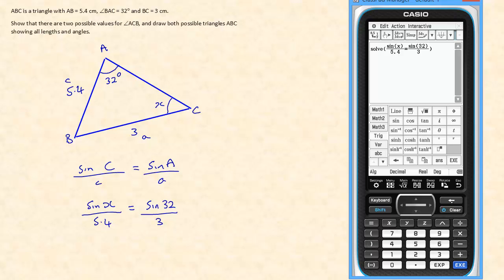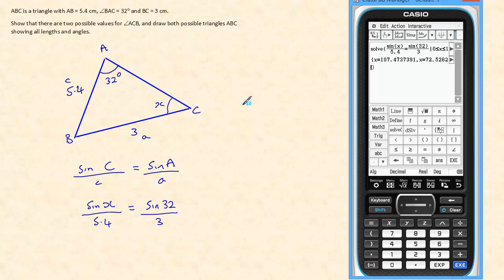Now, actually, before I hit execute on that, I'm going to do given that x is between 0 and 180. After all, we're working in a triangle, so it must be. And let's see what answers we get.